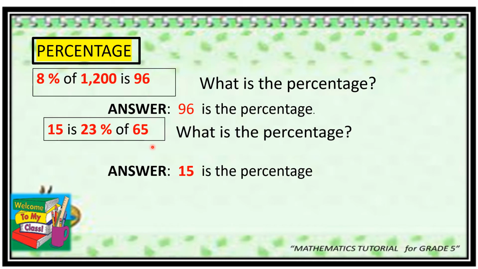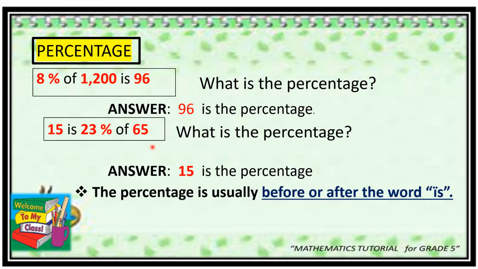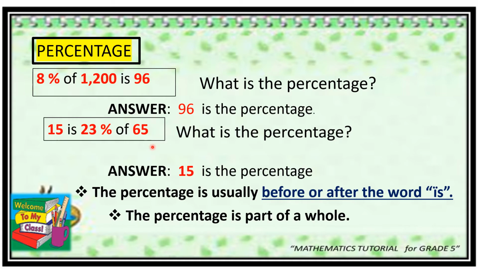The answer is 15. 15 is the percentage. Remember, the percentage is usually before or after the word is. The percentage is also a part of a whole. The percentage is a whole, a smaller number than the base.